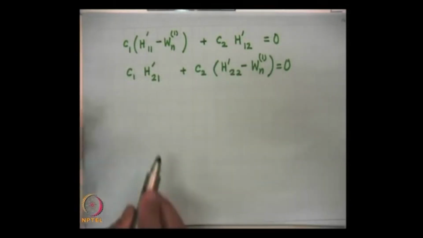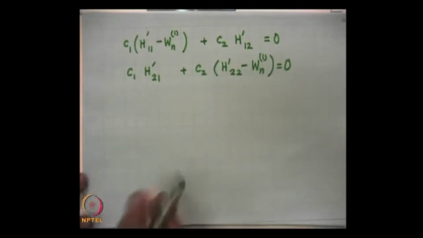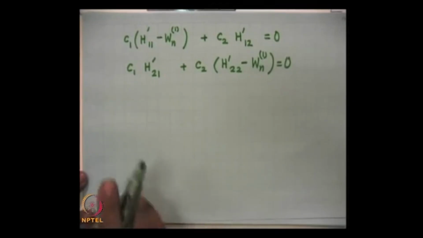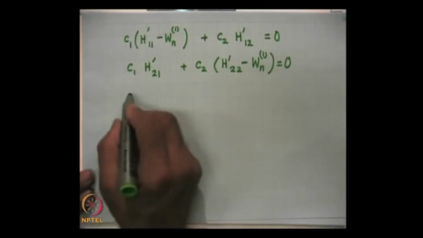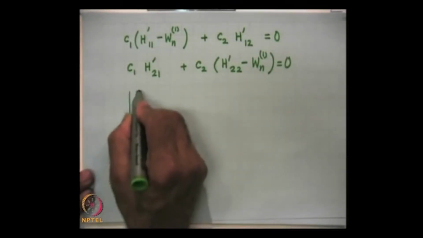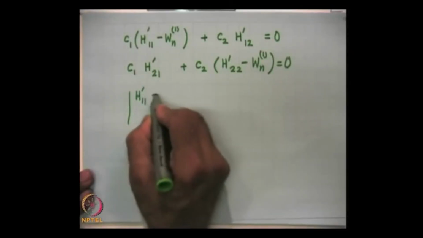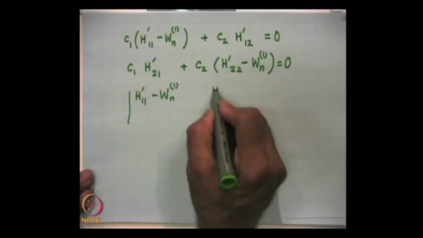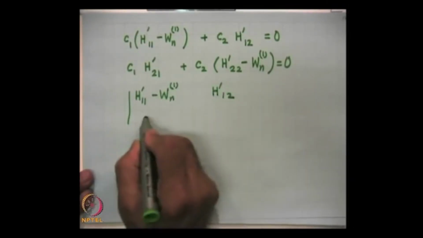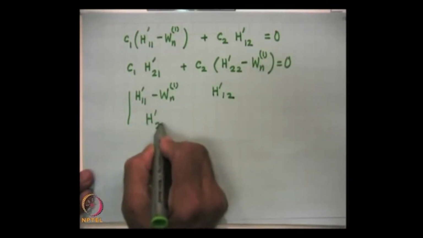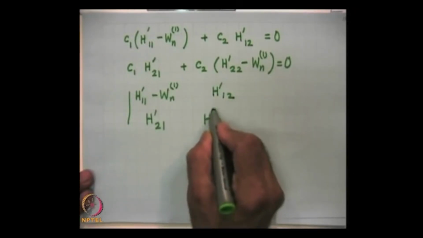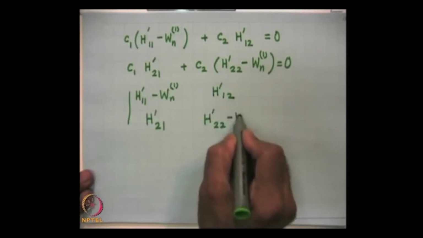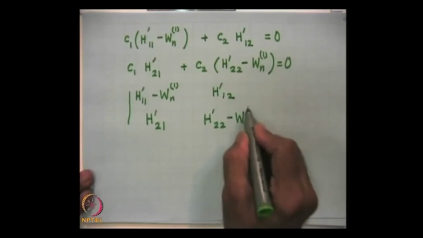This is a set of linear homogeneous equations, and for non-trivial solutions the determinant must be 0, that is, the determinant with rows H prime 11 minus Wn1, H prime 12, and H prime 21, H prime 22 minus Wn1.